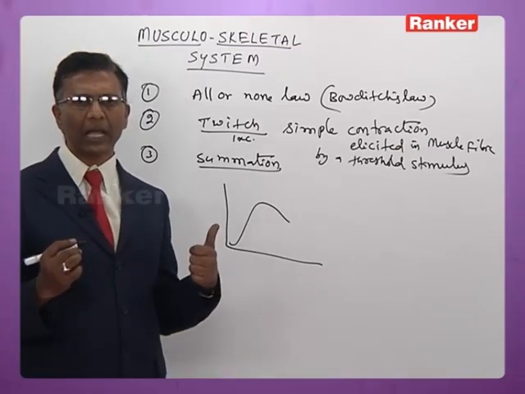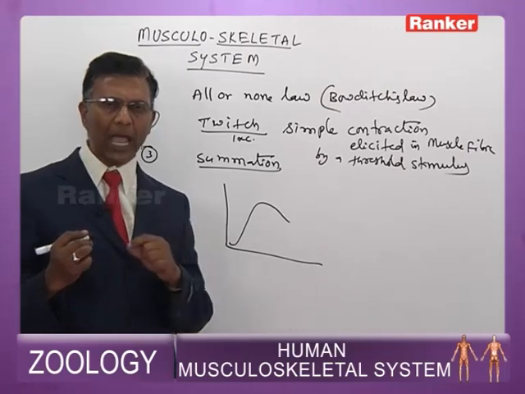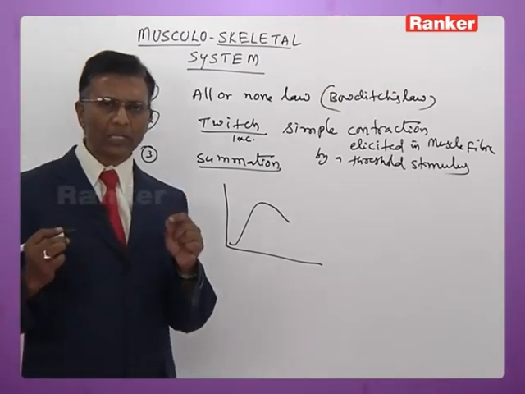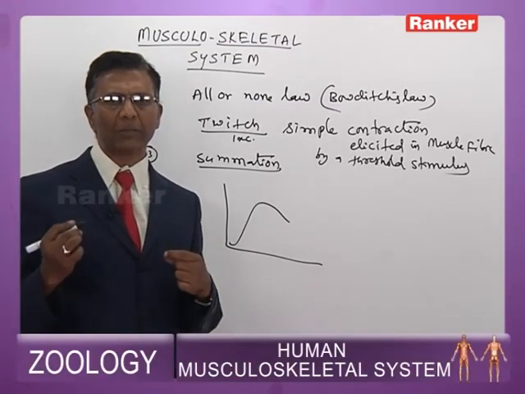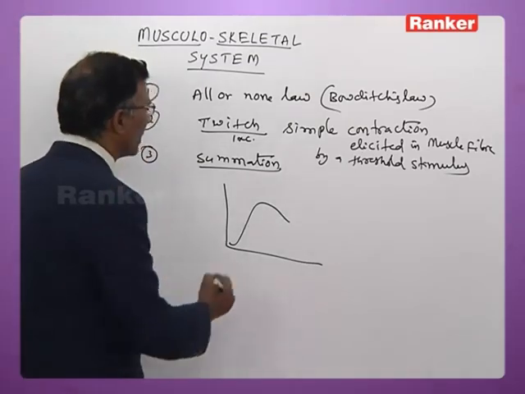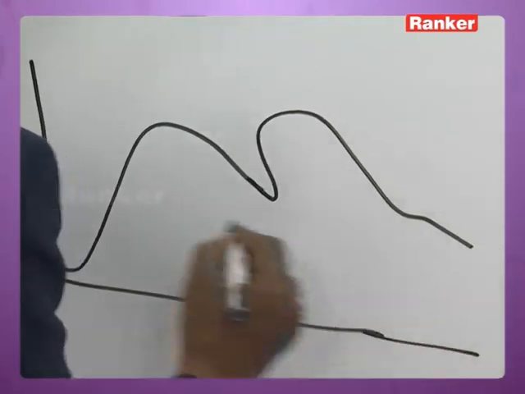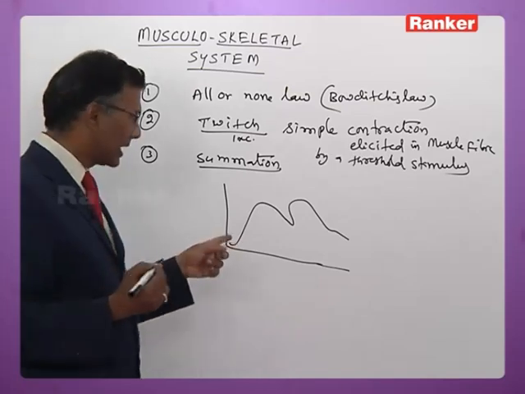I shall repeat once again. While the muscle is in the contractile phase, before it could relax, if another stimulus is given, the second stimulus elicits a much higher contraction than the first one. So that phenomenon of a stronger contraction being evoked in the muscle fiber by giving another stimulus is called summation.